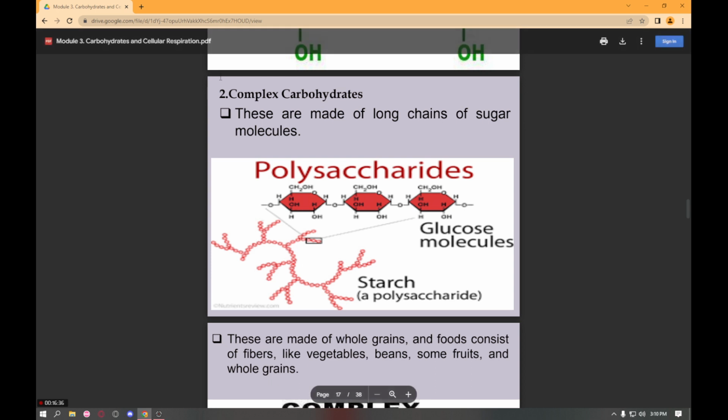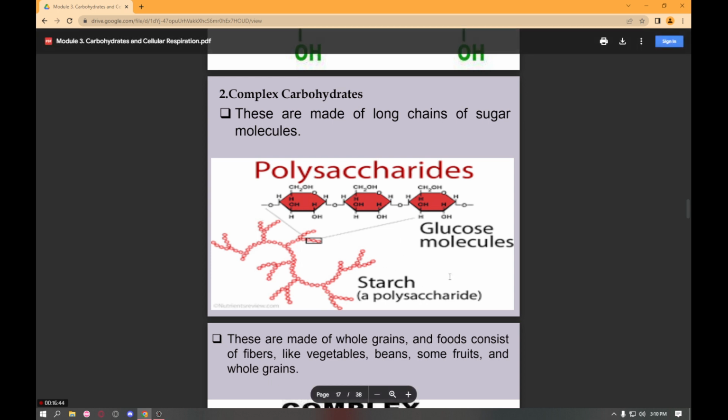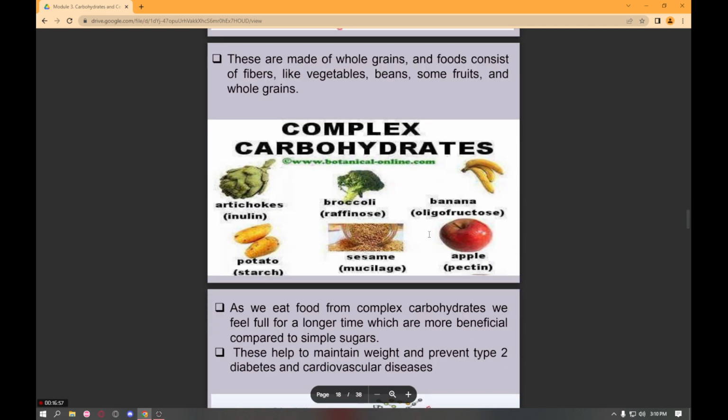Okay, so if you notice, your starches are made of polysaccharides, okay, pahabaso class. So these are made of whole grains, and food consisting of fibers like your vegetables, your beans, some fruits, and complex carbohydrates. So these are the examples of your complex carbohydrates.